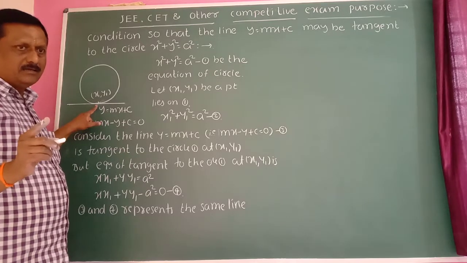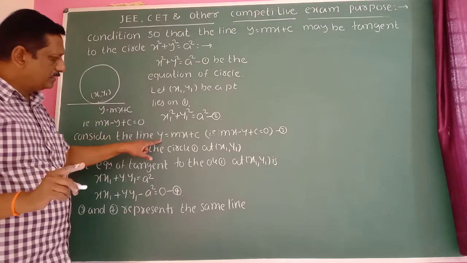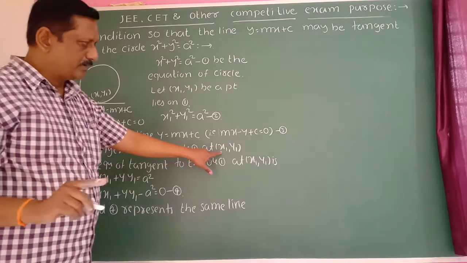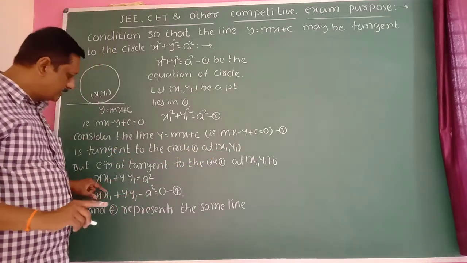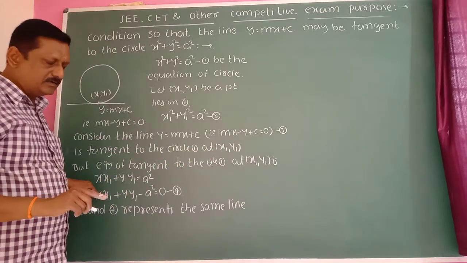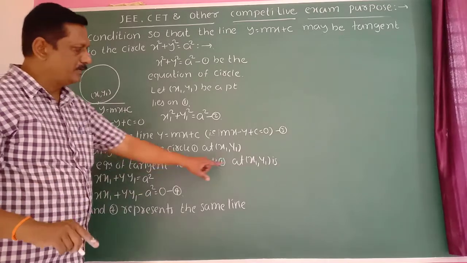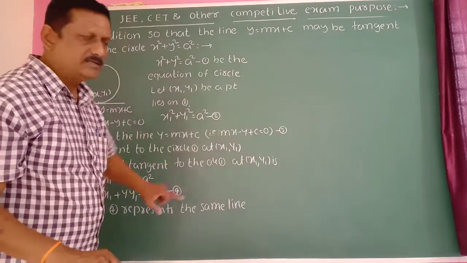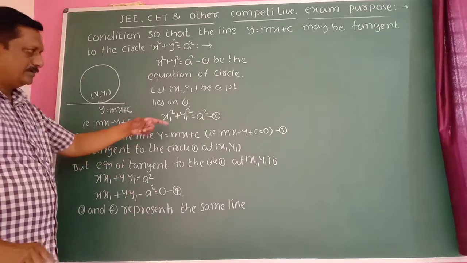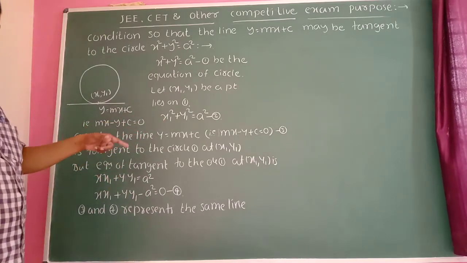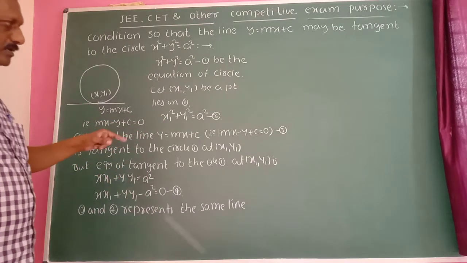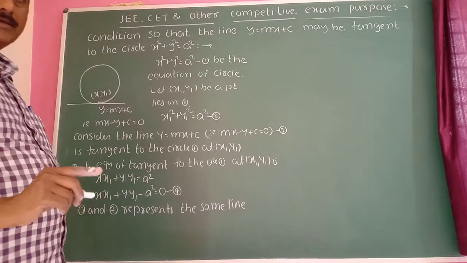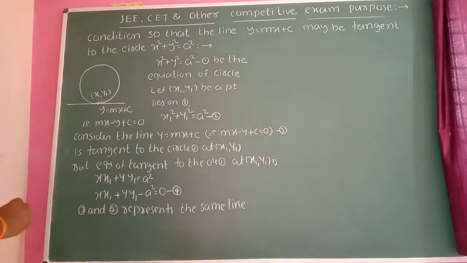This line is tangent to the circle at the point (x1, y1), and the other is also tangent to the same circle at the same point. Hence the lines are the same. If both represent the same line, then their coefficients are proportional.